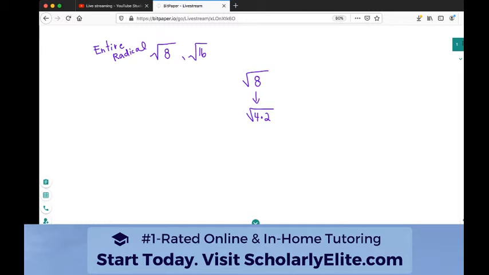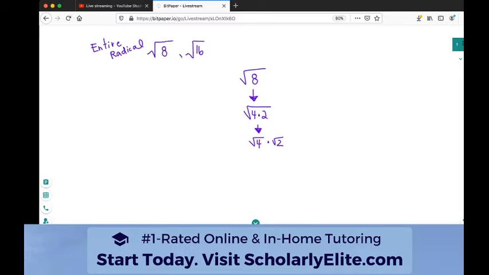And the way that that helps us is the following. This got simplified into root of 4 times 2, and then this can be broken up like this: root of 4 times the root of 2. And if you work backwards, you'll see that that's true. No matter how you slice this, it's saying the same thing.